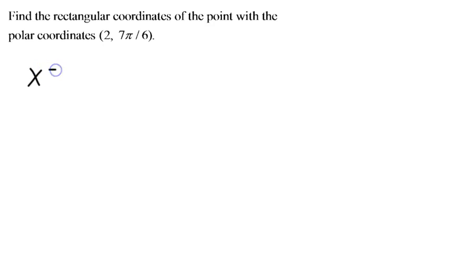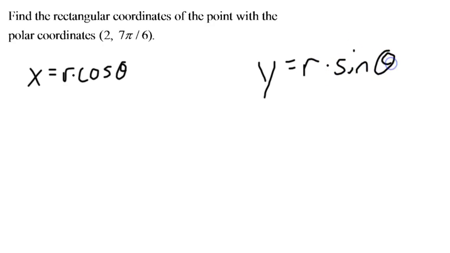First one, x equals r times the cosine of theta. And then we're going to have to use y equals r times the sine of theta. We know what our r value is, it's 2. We know our theta value is 7π/6.